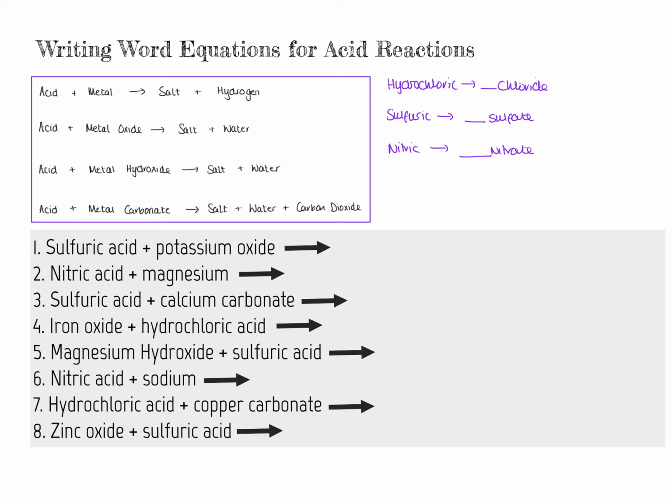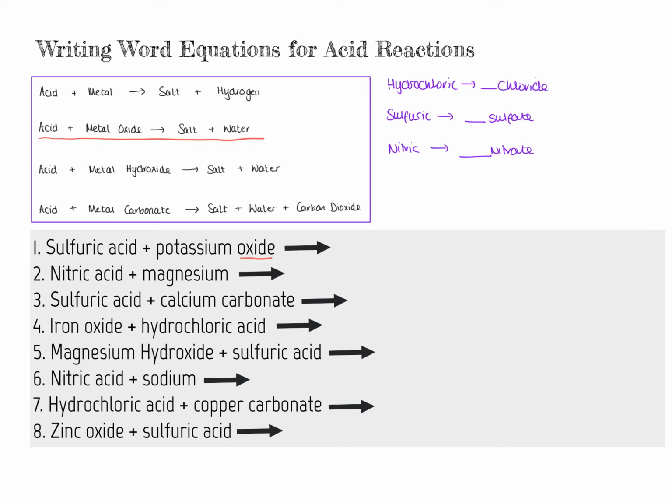Okay, so we'll quickly go through the answers to these. Let's get a pen. So sulfuric acid and potassium oxide, well, you're reacting it with an oxide, so we're going to use this equation here. So it's acid plus metal oxide, which we've already got, makes salt, so we need to name the salt.